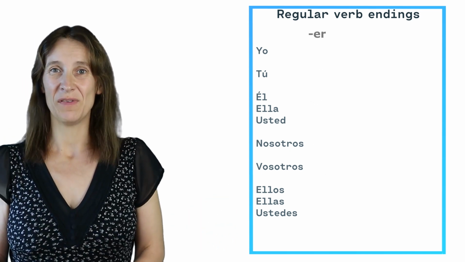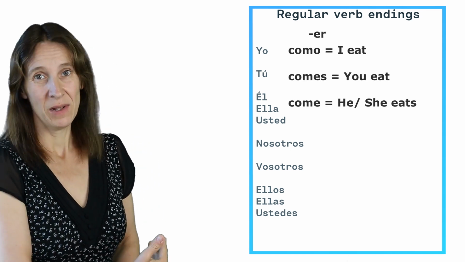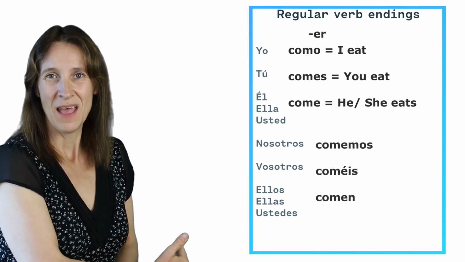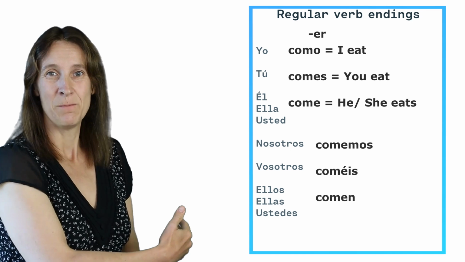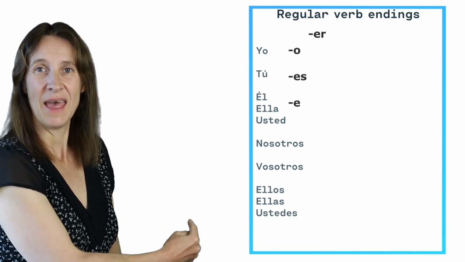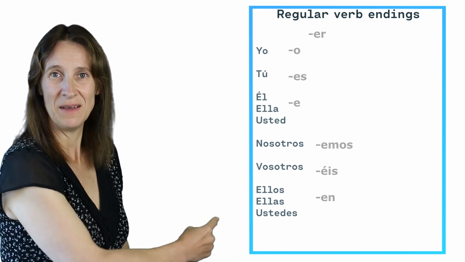Look at an ER verb, comer. Yo como, tú comes, él come, nosotros comemos, vosotros coméis, ellos comen. So we have o, es, e, emos, éis, en.